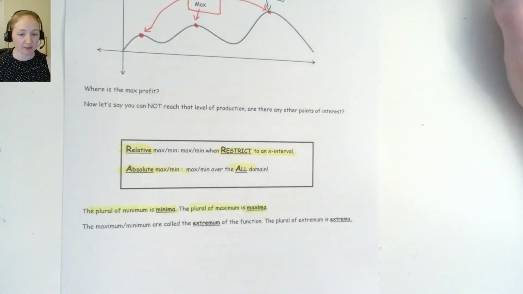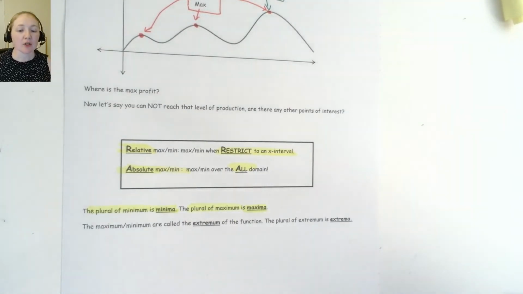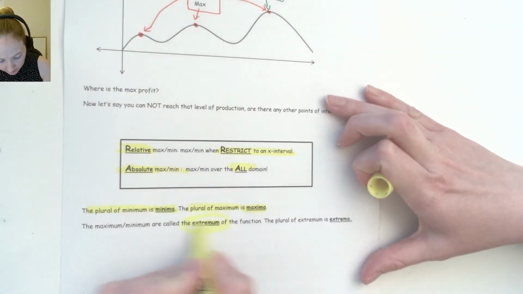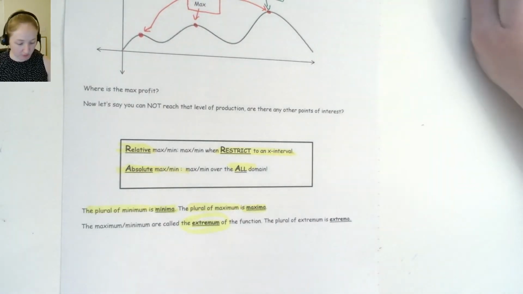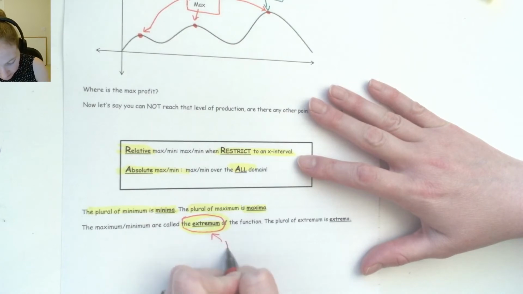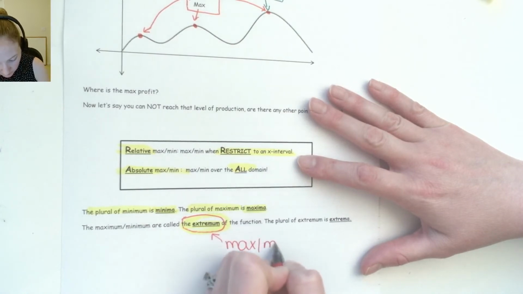Another key definition that's really important, you guys: throughout this section, we are going to refer to it as max and min, but you will also see cases where they'll throw out this word extrema. And this is a $1,000,000 word here, extrema. This just means the max min of the function.